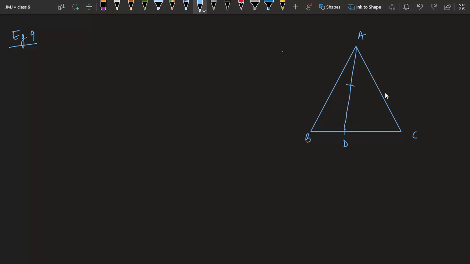Now they have given us these two sides equal. So given AD is equal to AC, or indirectly you can say triangle ADC is an isosceles triangle, and to show or to prove is AB more than AD. We have to prove AB is larger than AD. So this AB is larger than AD, suppose.